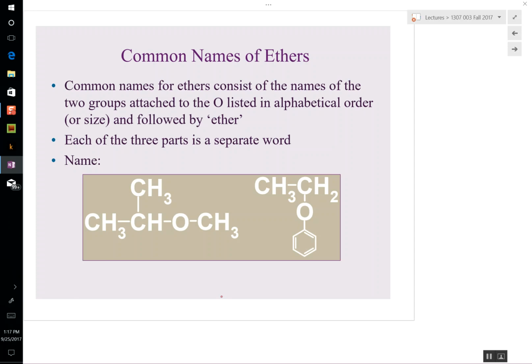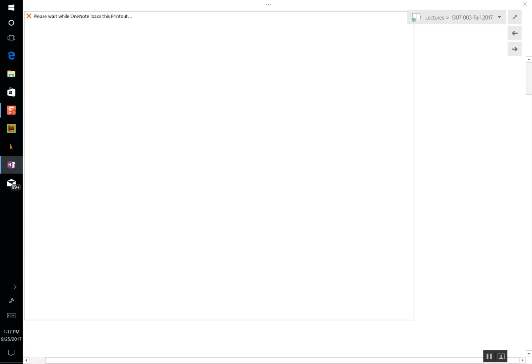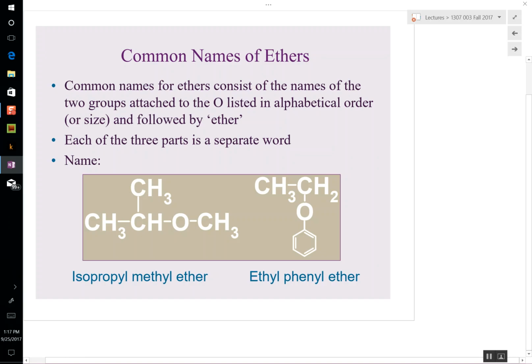What is this? Ethyl. And what is this? It's benzene, but what do we call benzene when it's hanging on a carbon or hanging on a molecule? Phenyl. So ethyl. So here we've got isopropyl methyl ether, and here we have ethyl phenyl ether. We're just naming the two things on each side of it.